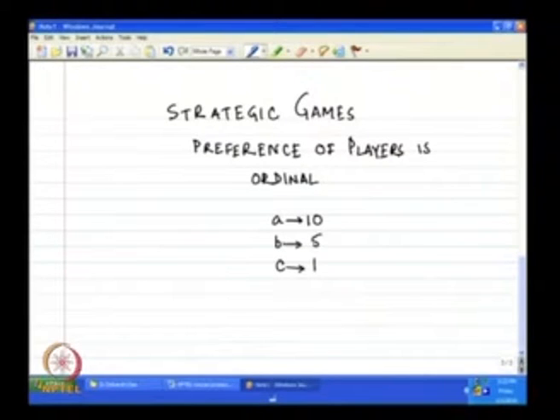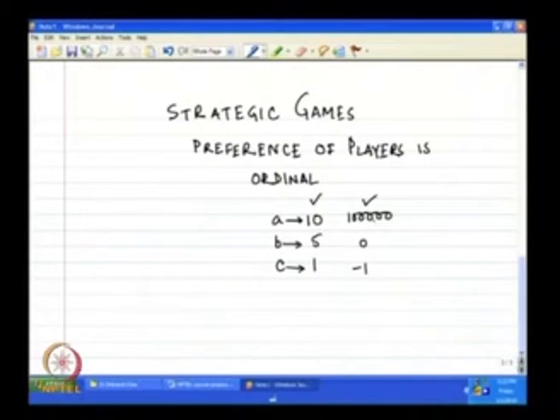This is one ranking. What ordinal preference says is that if the ranking is something like 1 lakh, 0 and -1, it will do just as well. There is no difference between this ranking and that ranking in the ordinal sense, because in the first ranking 10 is greater than 5, and 5 is greater than 1.